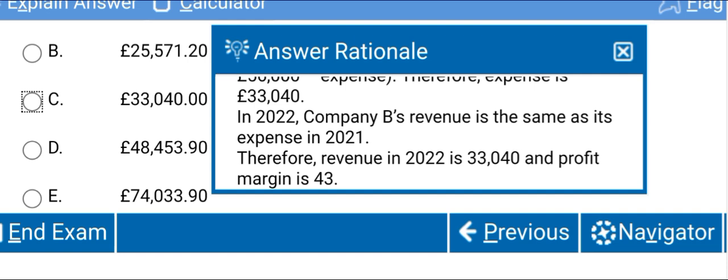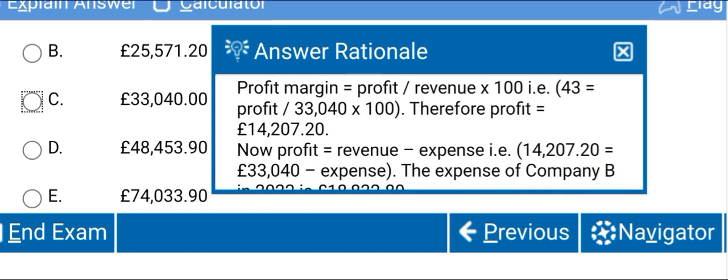In 2022, company B's revenue is the same as its expense in 2021. Therefore revenue in 2022 is 33,040 and profit margin is 43. So profit margin equals profit divided by revenue multiplied by 100, that is 43 equals profit divided by 33,040 multiplied by 100.